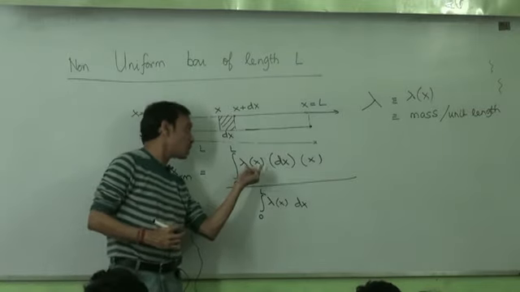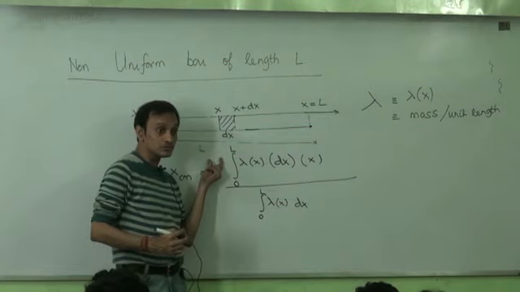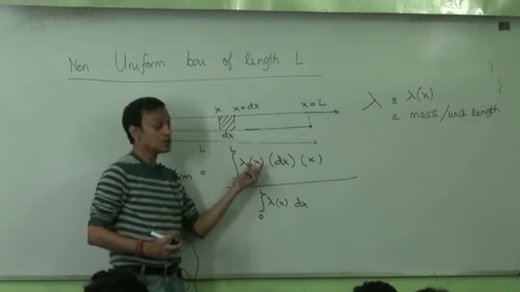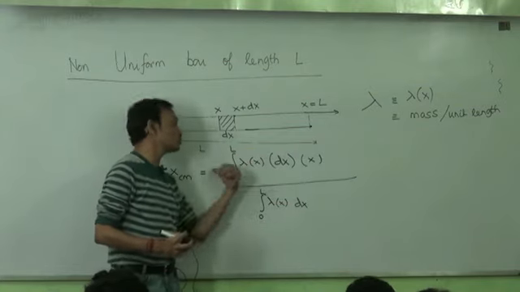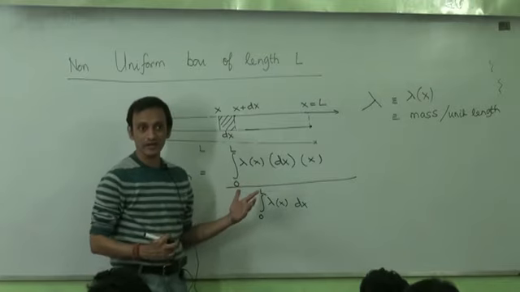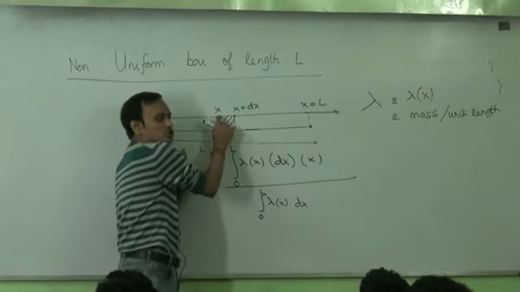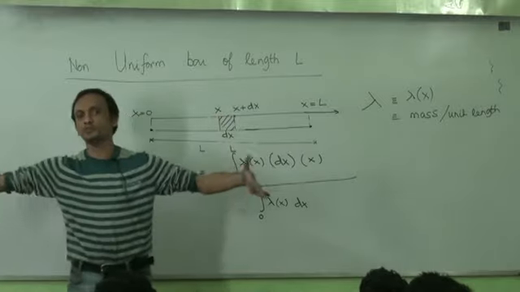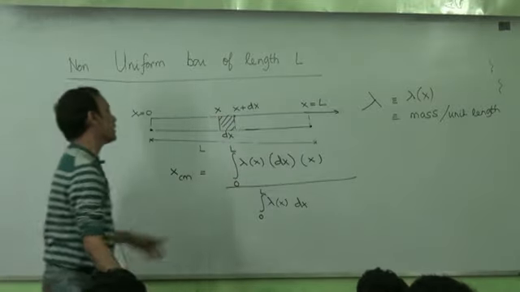If it's a uniform rod, then this lambda would come out, it's independent of x, and the two lambdas would cancel each other, and the center of mass would be at the midpoint of the rod.